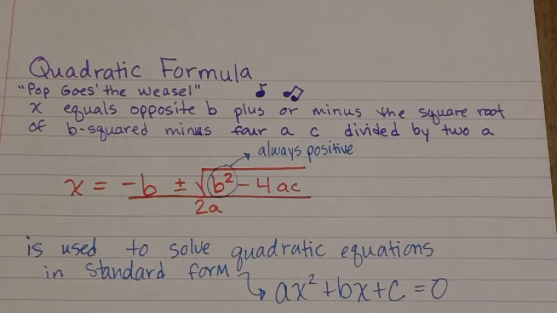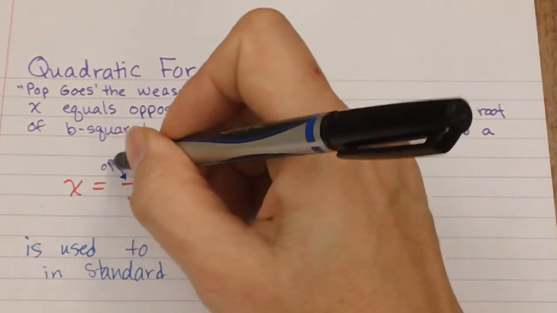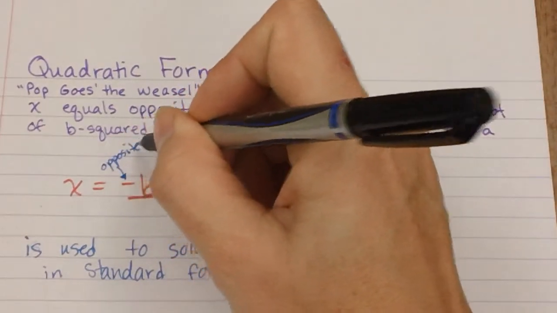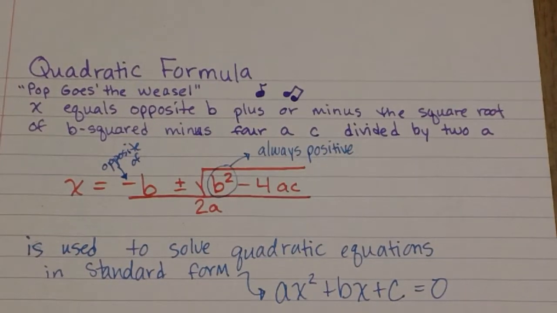If b is negative and we square it, a negative times a negative is a positive. And I also want you to remember that this means the opposite of. That b term in the front, when you take the opposite of b, it's not always going to be a negative number. So be careful of that as you're working.